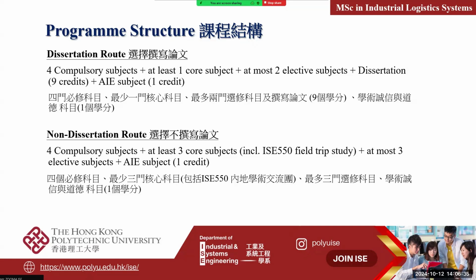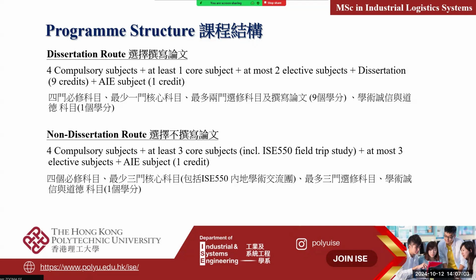It means that no matter who you are, all of you need to choose these 4 subjects. Then with at least 1 core subject, plus at most 2 elective subjects, and the dissertation. Please pay attention: the dissertation amounts to 9 credits, equivalent to 3 subjects.